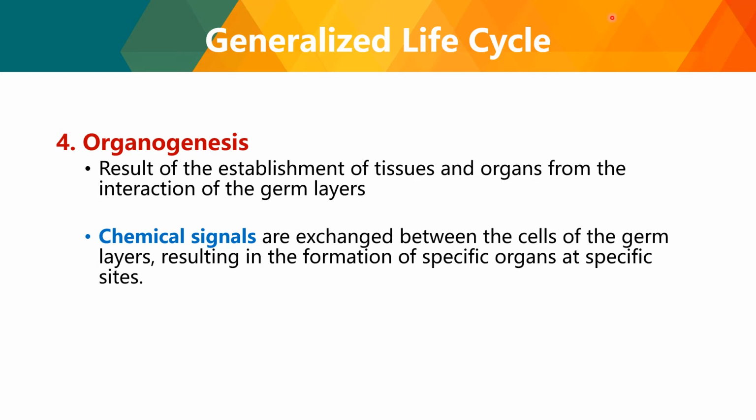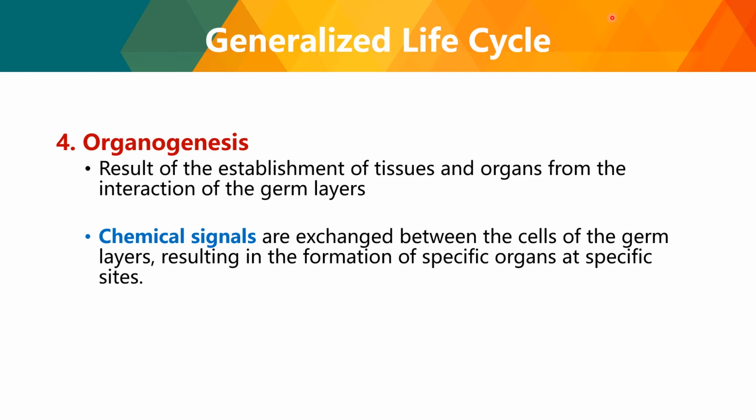Okay? So, pwedeng merong mga organs na solely dependent lang sila sa isang germ layer, but there are some tissues also in the body that is a product of the combination of 2 or 3 germ layers.